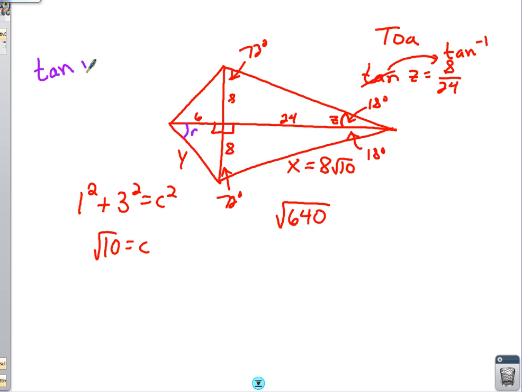That's another tangent. The tangent of R equals opposite over adjacent. So now you type in your calculator the inverse tangent of 8 over 6, and you get 53. So 53 degrees there. Symmetry, 53 degrees there. 37 degrees there, 37 degrees there.